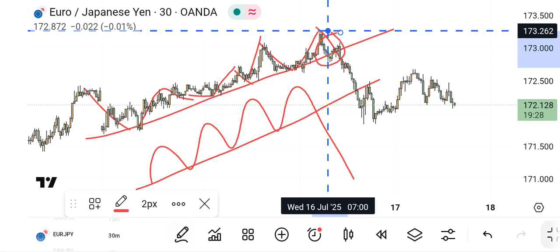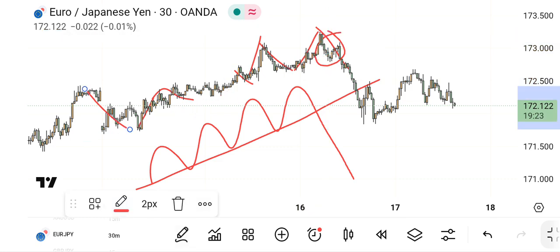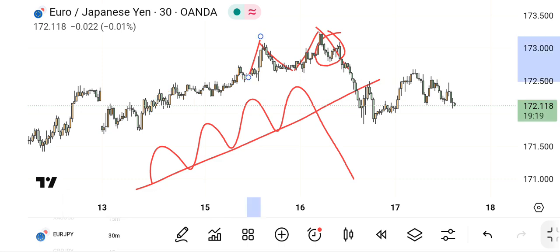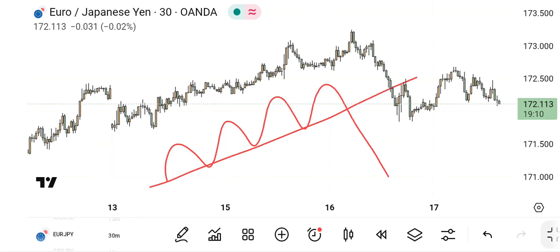So let me just remove it. The market broke out from this trend line.